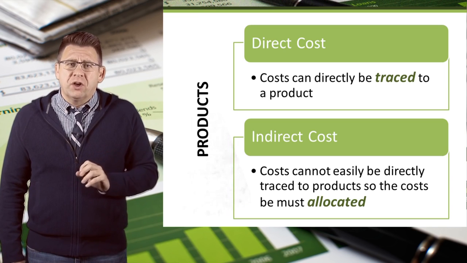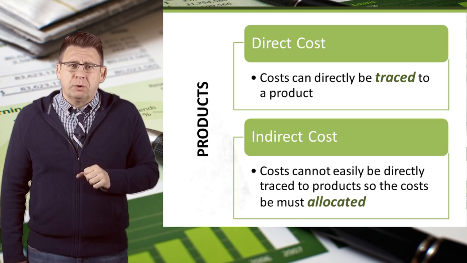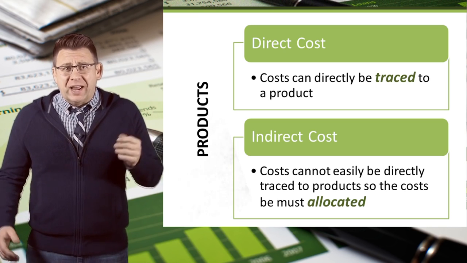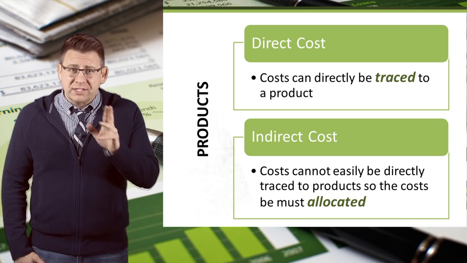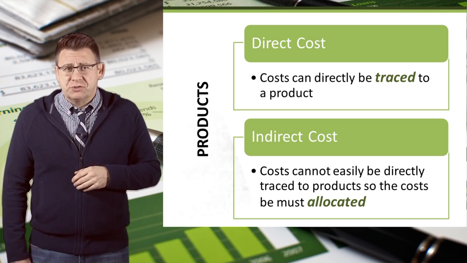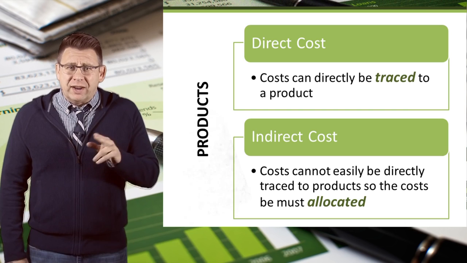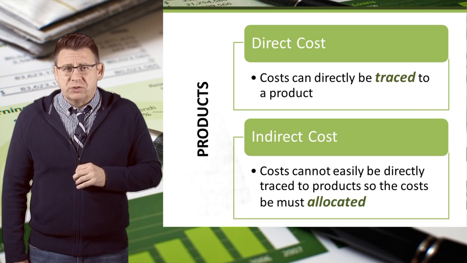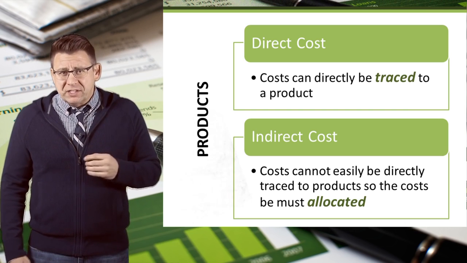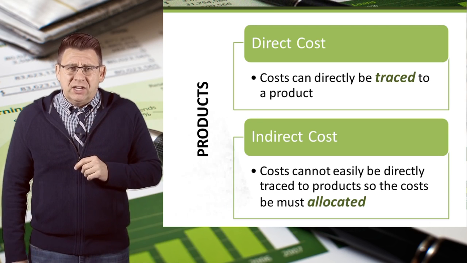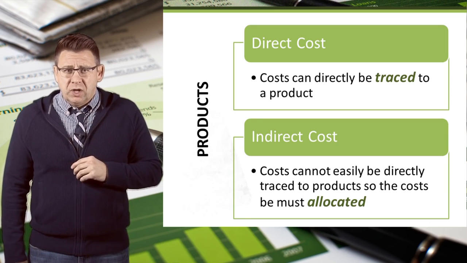Direct costs are those that can be easily traced to a product. A car has 4 tires, so the cost of 4 tires is easily traced to a car. Indirect costs cannot easily be traced to a product. Because of this, we allocate indirect costs to products.